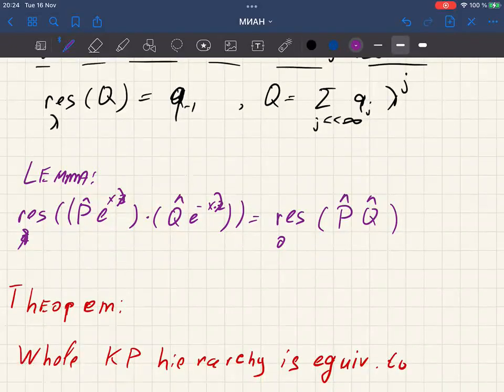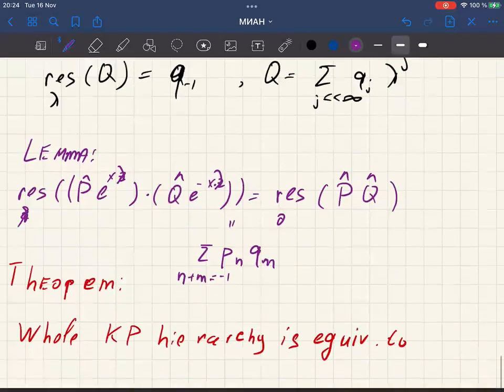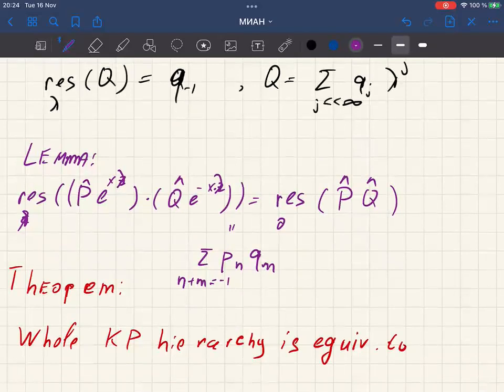It is equal to something like P_n Q_m such that n plus m equals -1. I think it's clear in notation. This is a very simple but useful lemma.